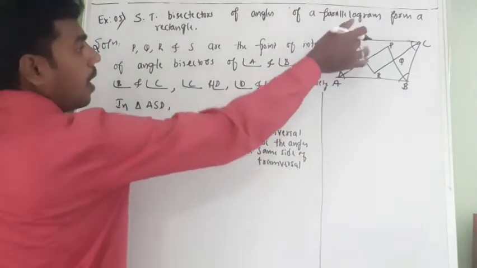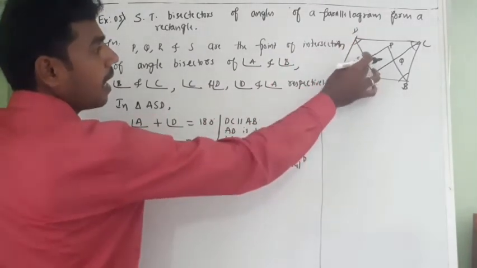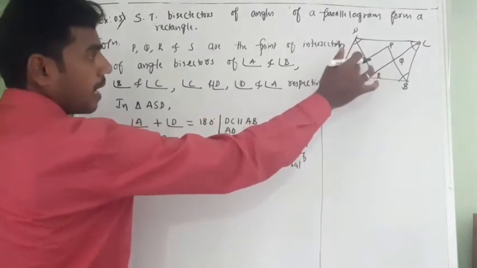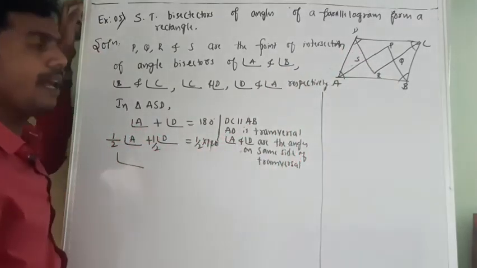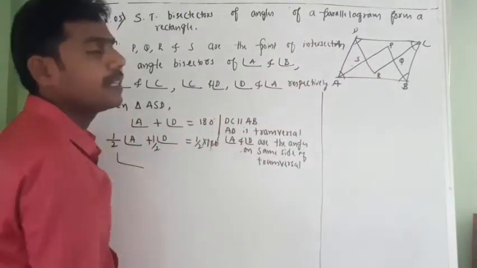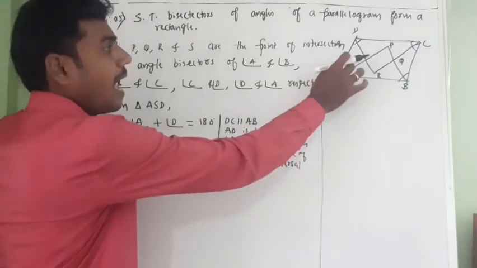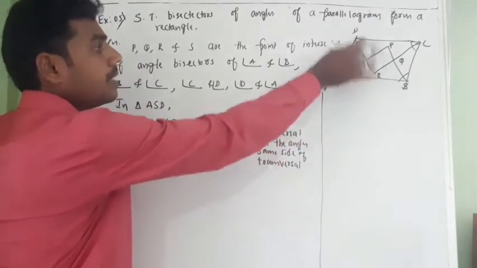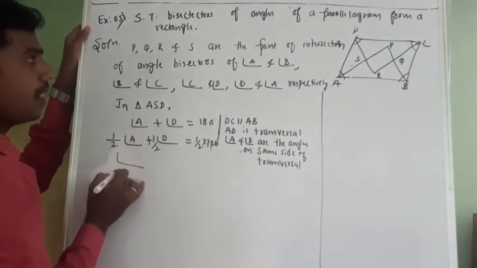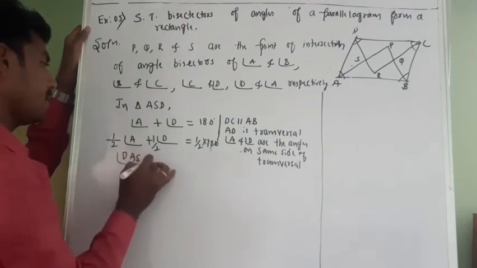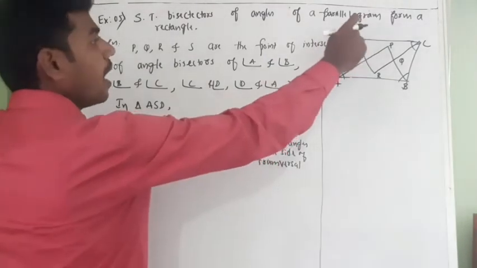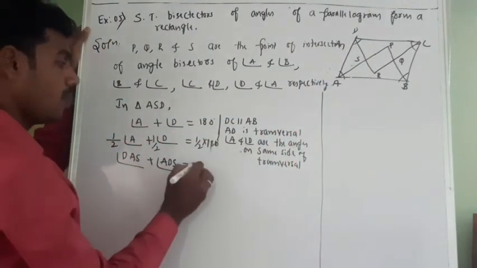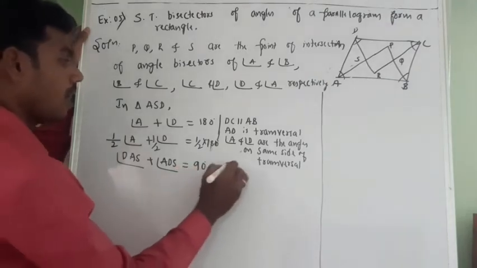If I make half of angle A, it can be either SAR or DAS; DAS plus SAR is equal to angle A. So angle DAS plus angle ADS is equal to 90 degrees. I'll call this equation 1.